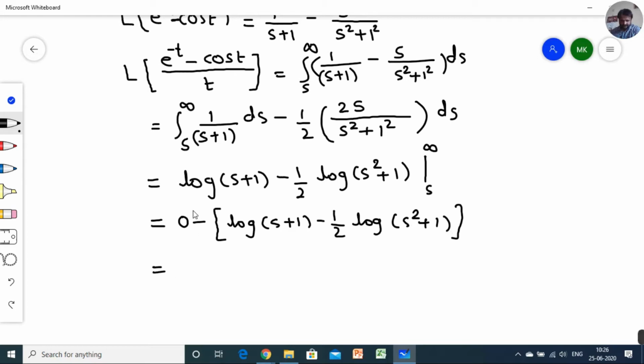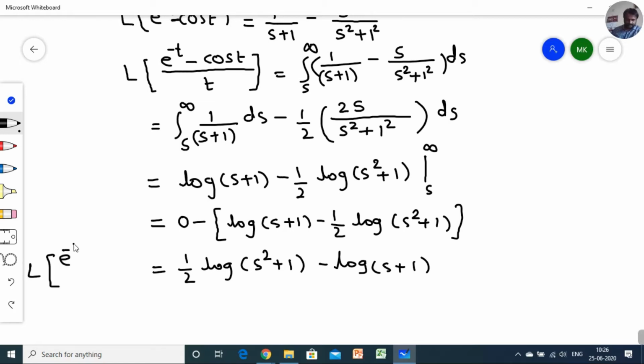So this part is 0. Just shifting the part, 1 by 2 log of s square plus 1 minus log of s plus 1. So this is our result of Laplace of e raised to minus t minus cos of t divided by t.